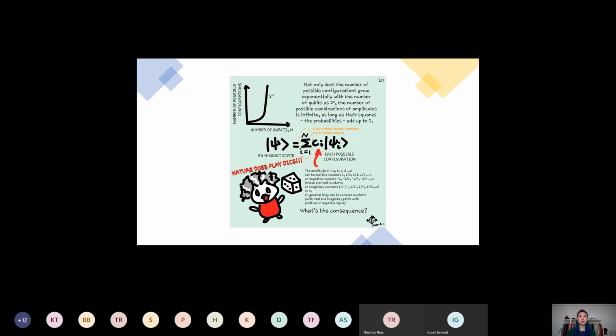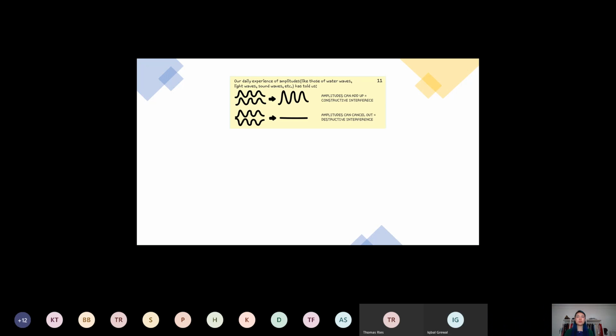So then what is the consequence of this? From our everyday experience, we already have experienced many different kinds of amplitudes, like water waves or electromagnetic waves. We know that when amplitudes have the same phase, they can add up. So you can have this called constructive interference between 2 waves, and they can add up.